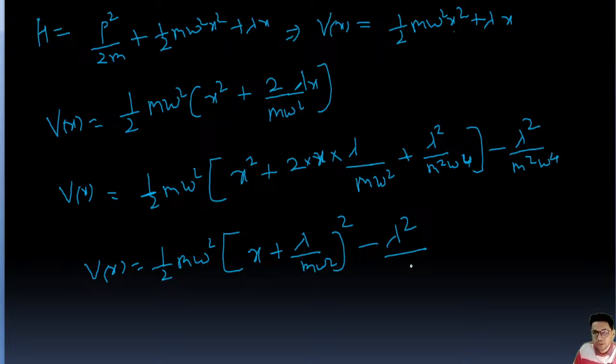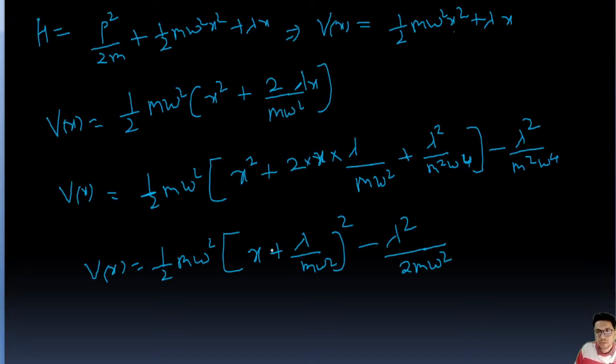So this is going to be minus lambda square upon 2m omega square, right? Because omega square will get cancelled with omega 4, so omega square remains and 2m is there. So now we have got the value of V(x).